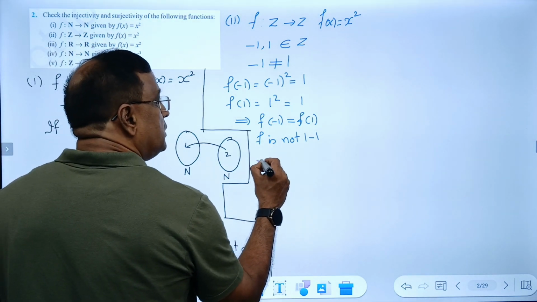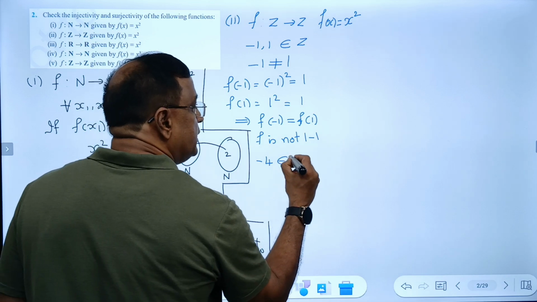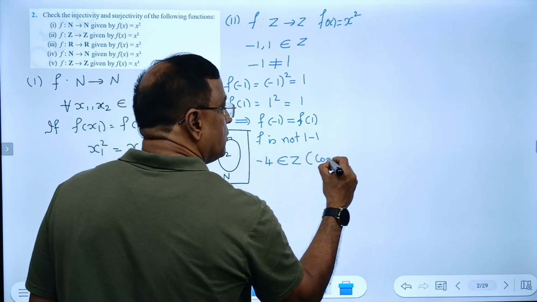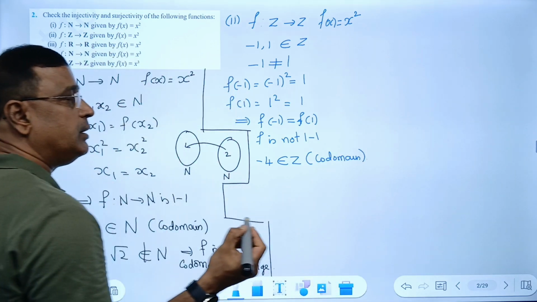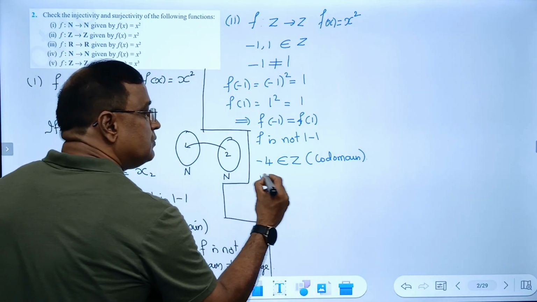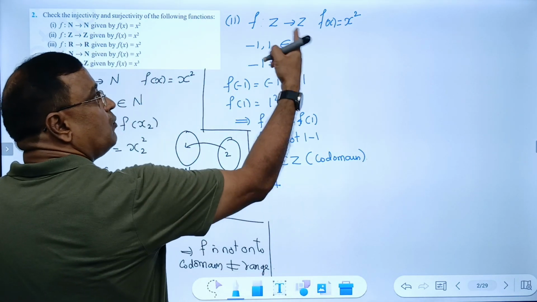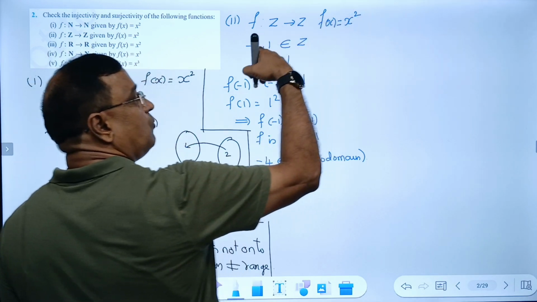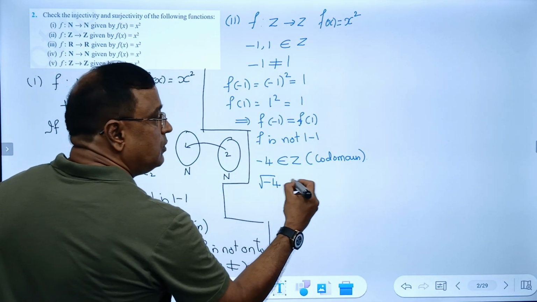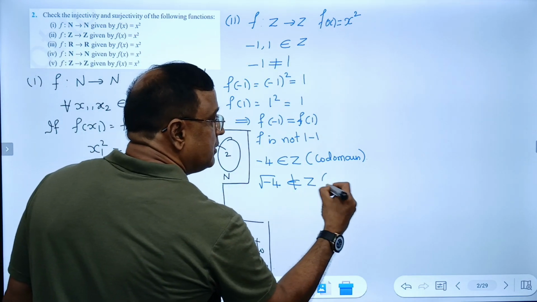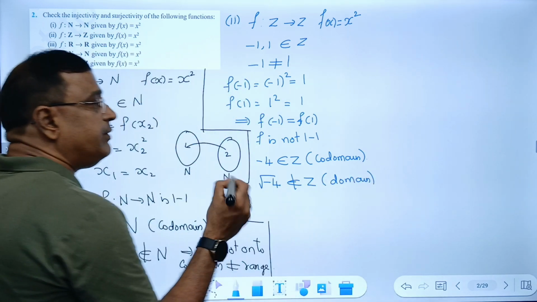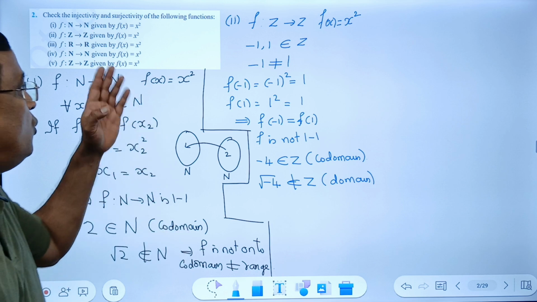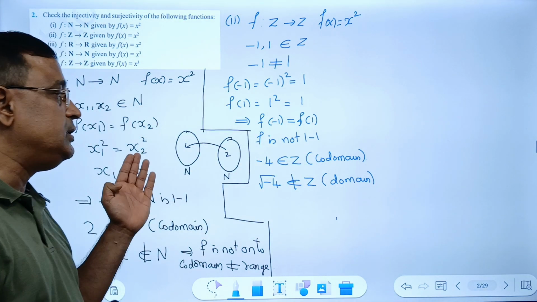Now you know very well minus 4 belongs to integers. This is from the codomain. Now, what is root of minus 4? Because y is x square, so x will be root of y. So root of minus 4 cannot belong to Z. So all the negative integers in the codomain will not have a pre-image.